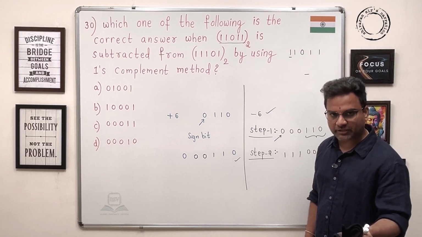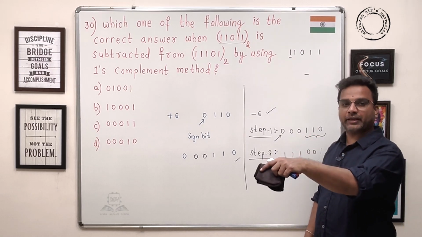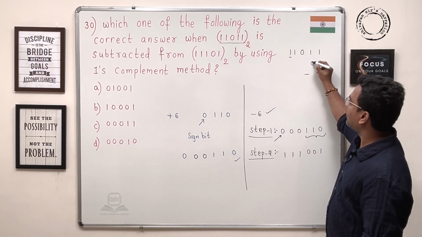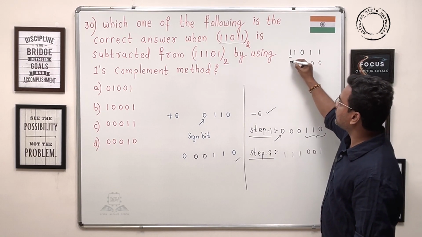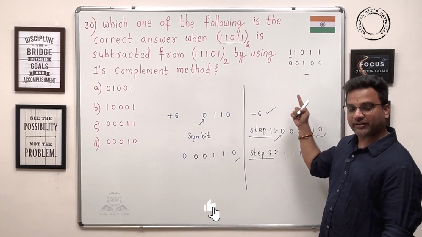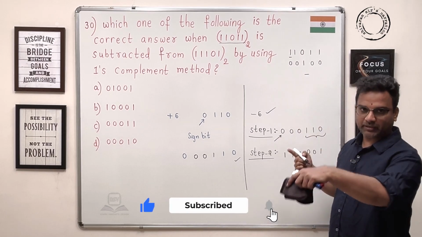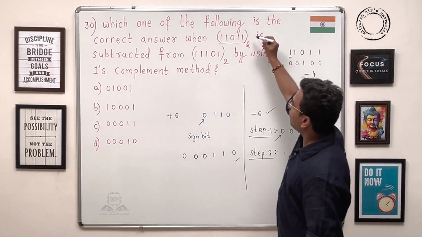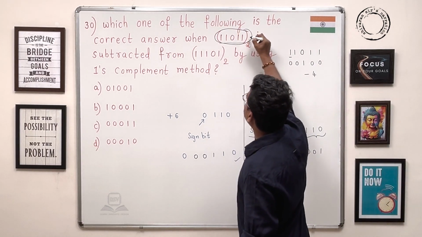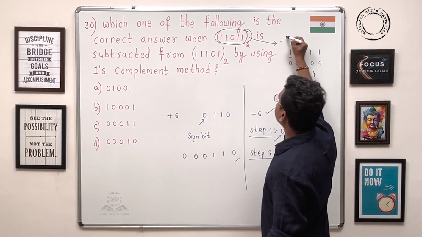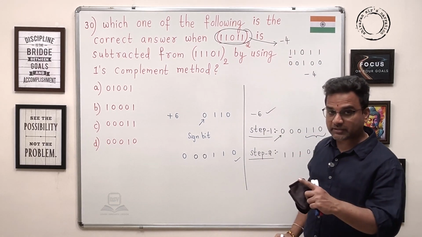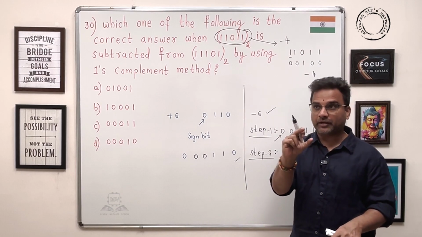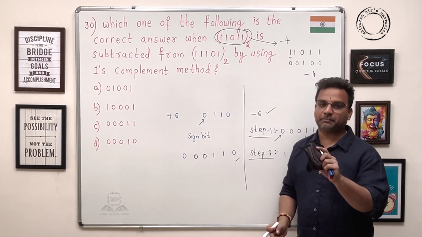You want to get the original value, so apply 1's complement again. Therefore, 00100. Then obviously, guys, what is the decimal value? You convert into decimal, you will get minus 4. So guys, this 11011 is minus 4. Now you understand how to convert a 1's complement representation into decimal representation.